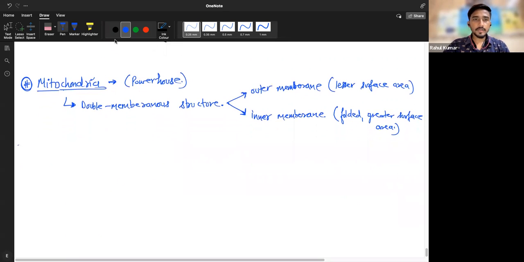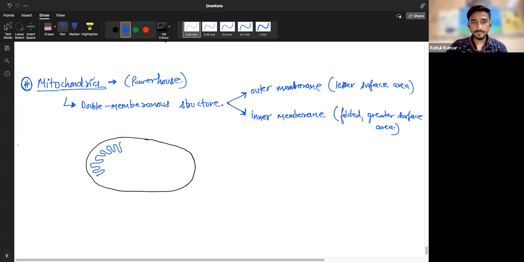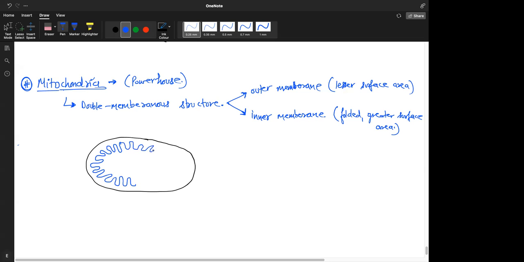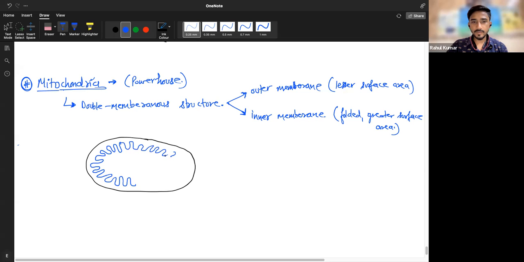And if I draw it as a structure, let's say this is the mitochondria and this is the bigger inner membrane, so it will be like this, right? You can see that it's very, very long as compared to the outer membrane. If you just stretch it out, it will be bigger.